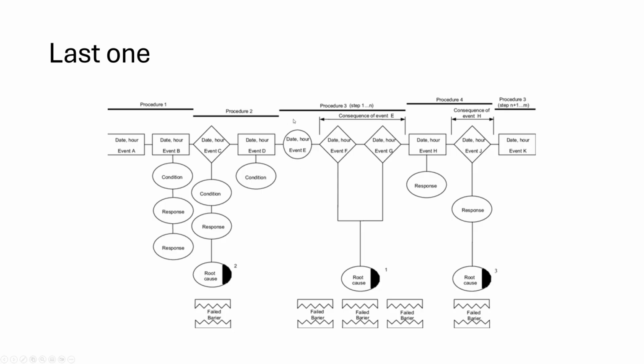So this terminal event, like I said, your chart will sometimes capture beyond the scope of your initial event timeline, and this captures that. And look, we've got barriers identified down here, as well as procedures that are noted based on where they fit within the sequence. So this is another way of doing that.